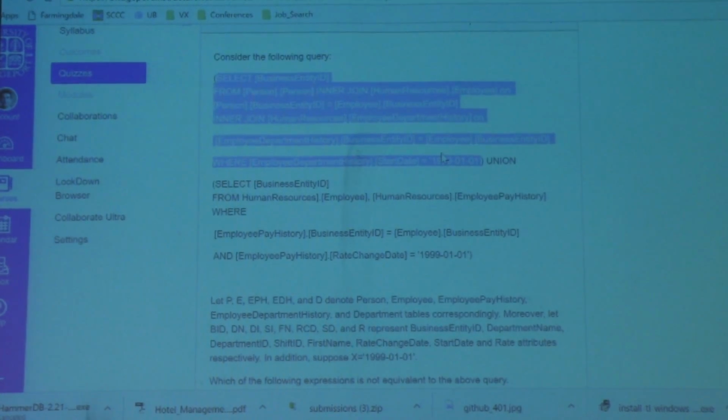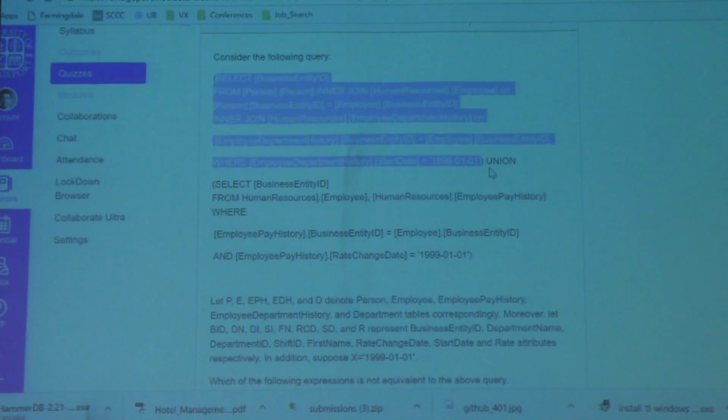Their start date is equal to... all the employees that got a new department on the first day of January 1999.